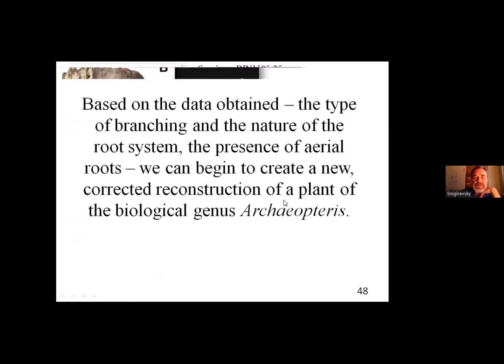So, based on this data, we understand that we must create a new reconstruction of this plant.